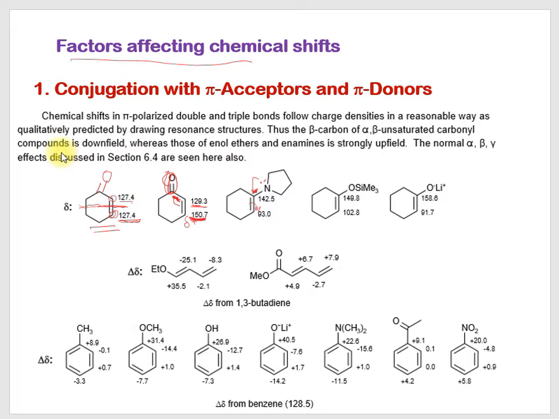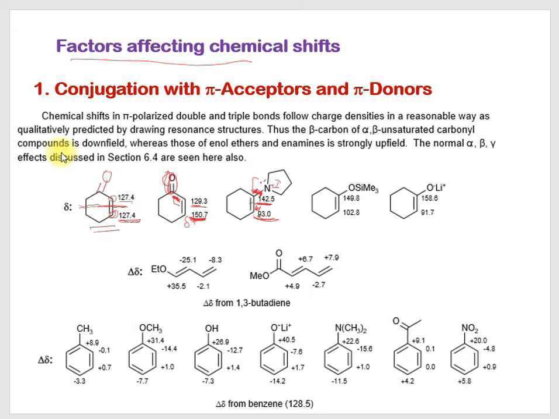This carbon, which earlier was deshielded, here has been shielded, from 127.4 to 193.0. And this carbon has been deshielded because of the minus I effect of the nitrogen atom. Nitrogen is more electronegative than carbon, so it withdraws electron density towards itself.